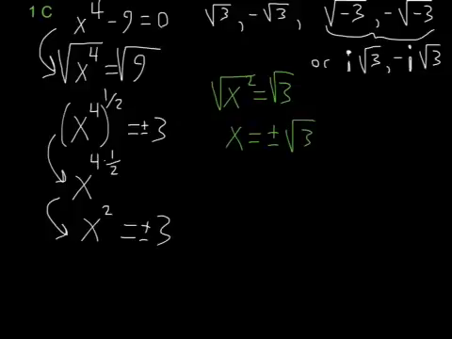Now let's look at why we can get these complex number solutions. Recall what we did here. We end up with x squared is equal to plus or minus 3, and we dealt with the positive case. And if we are only dealing with a real number system, then we can't have the negative case.